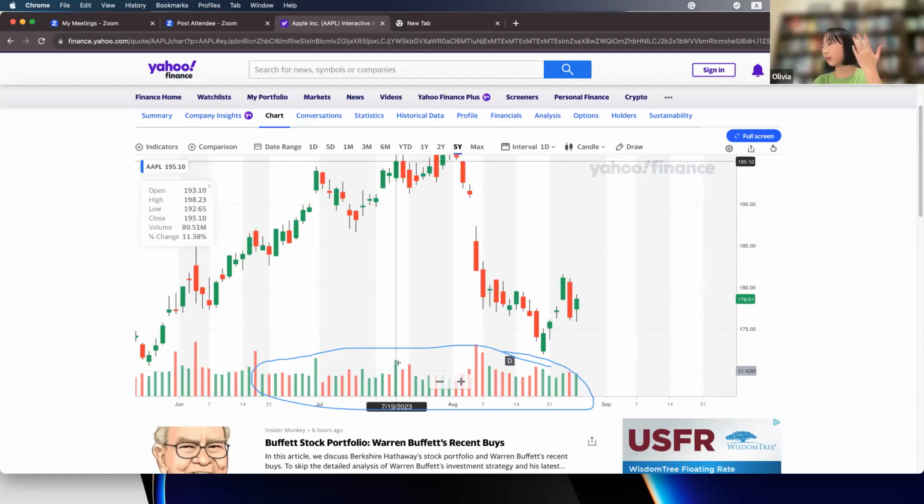Here, this shows the number of people that traded the stock. So sometimes it's red, sometimes it's green. You don't really need to focus on that. This just shows the volume of people who traded the stock.